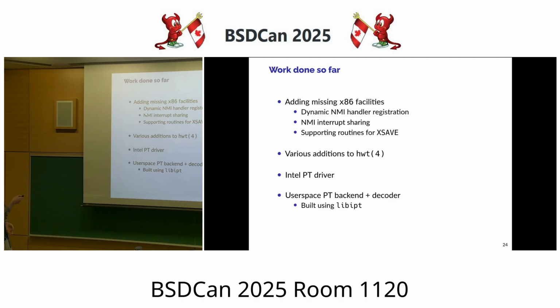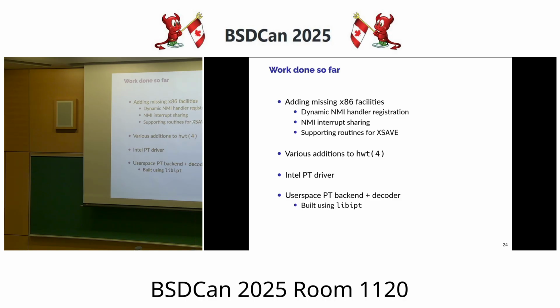So we had to add a way of dynamically registering NMI handlers, making sure that we can also share the interrupt line. And we were also missing some crucial Xsave related APIs, so things like discovering whether the processor supports this Xsave feature or not, and lots of other x86 specific things that I'm not going to get into right now.